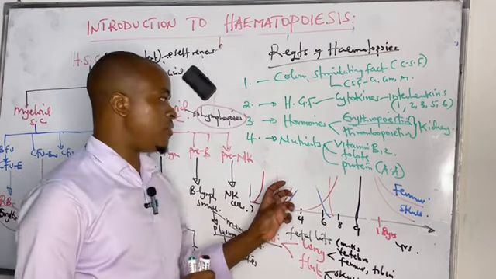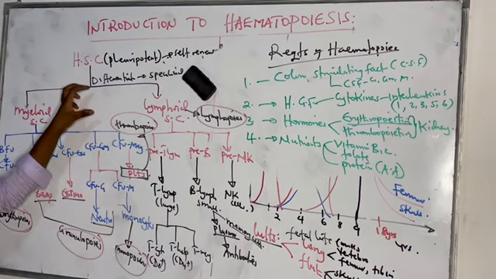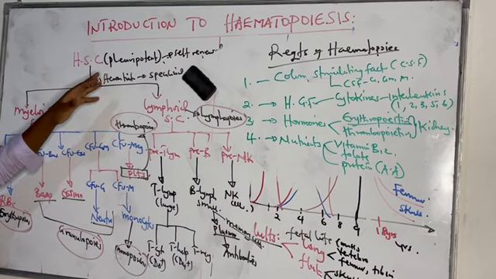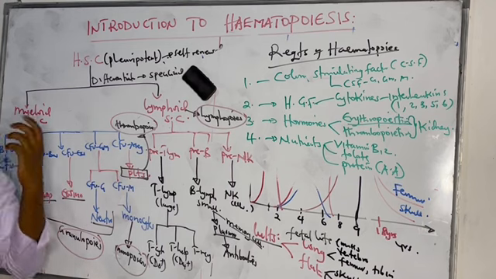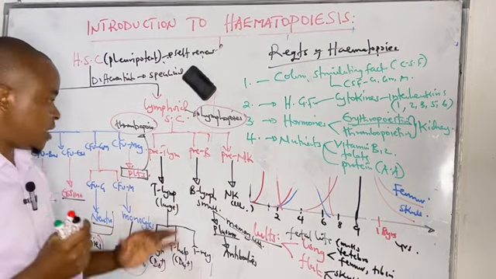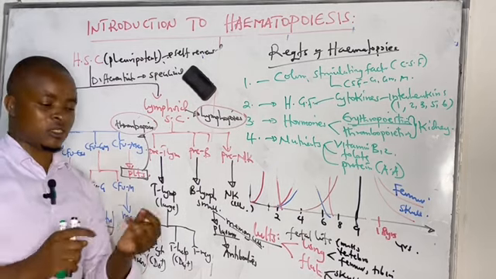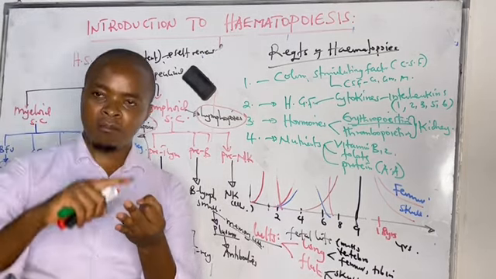Then we looked in detail at how hematopoiesis occurs, and we have summarized it here, where we have seen the hematopoietic stem cell undergoing proliferation, differentiation, and maturation.